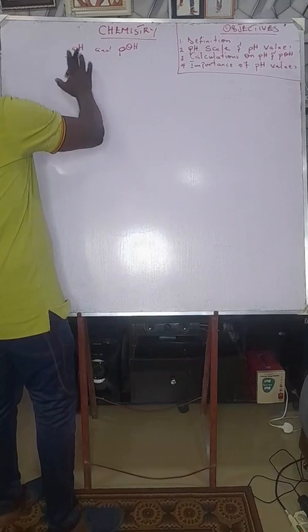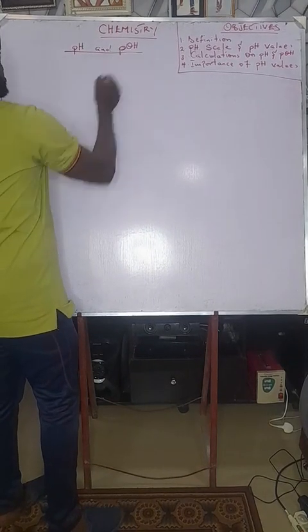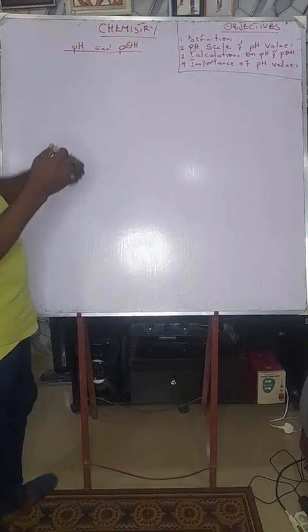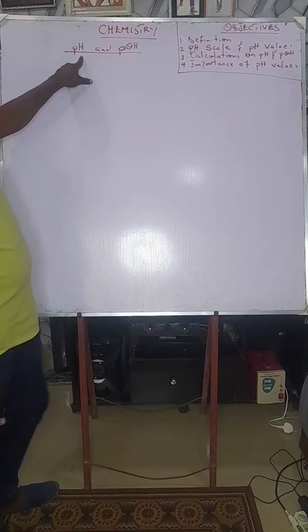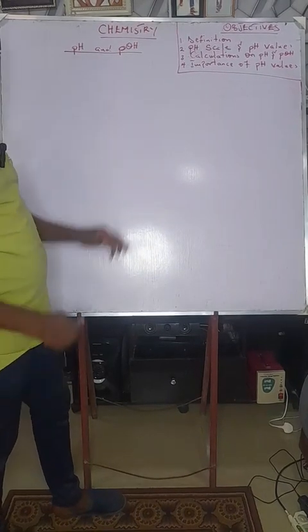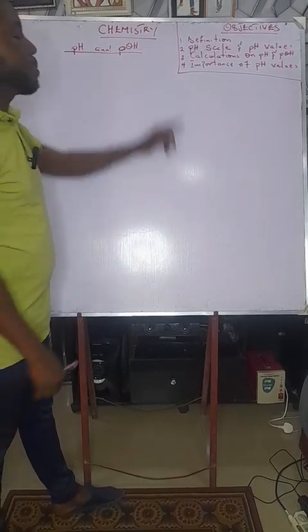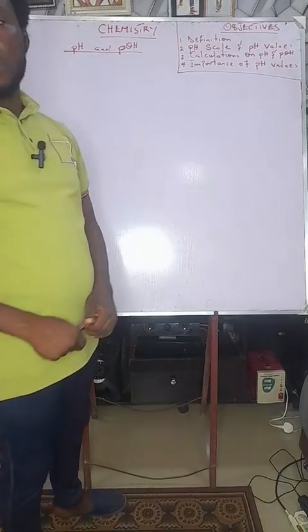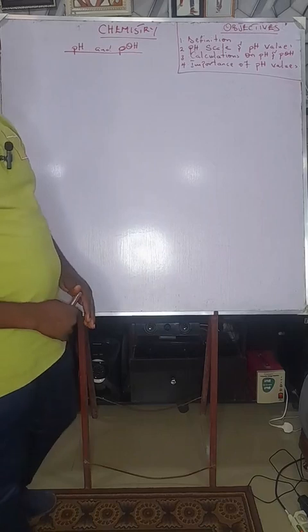The best way of writing pH is like this. This P is a small letter p, while this H is a capital letter H. So small letter p with capital letter H. Then we have small letter p, then capital letters OH. So I want you to put that at the back of your mind.